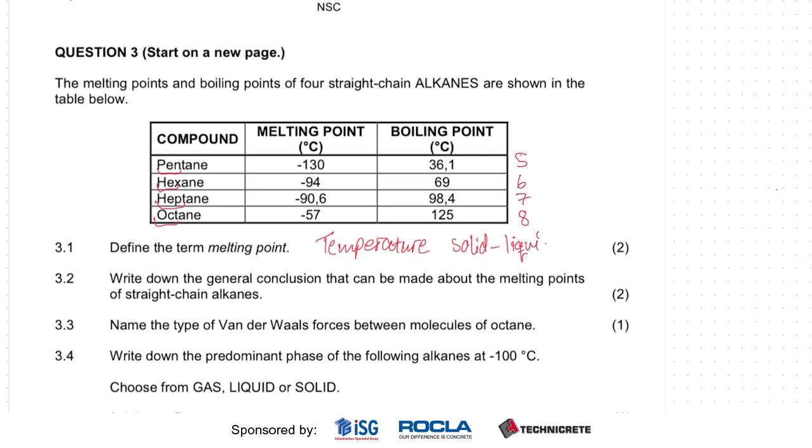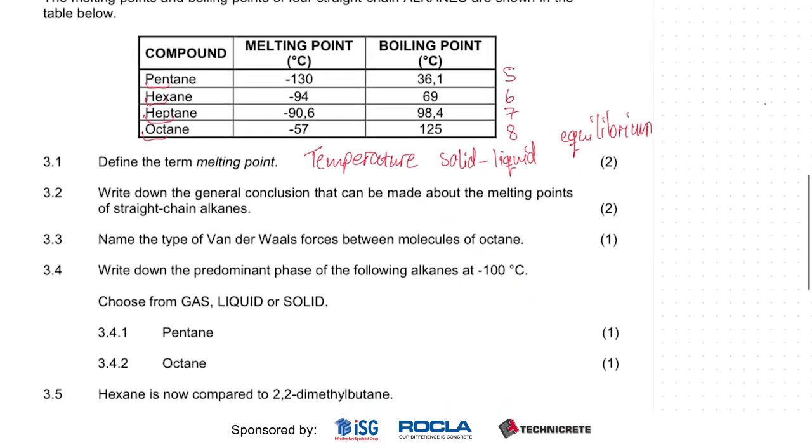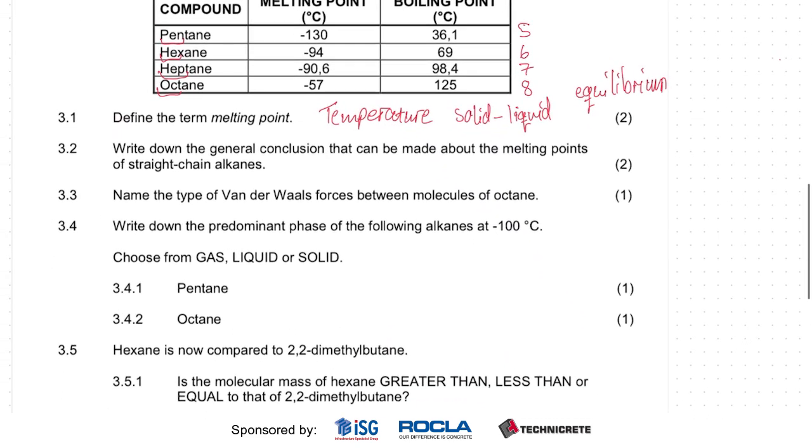And then for the final mark, it is a bit of a technical definition, but you have to say where they're at equilibrium. That's really tricky, but that's the answer we're looking for. All right, so with some of these definitions you can phrase them in your own way, whatever way makes sense to you, but they just have to have the key phrases in order for you to get the marks.